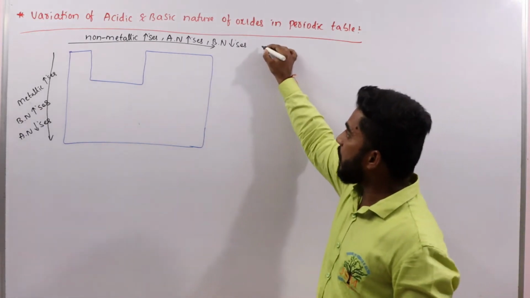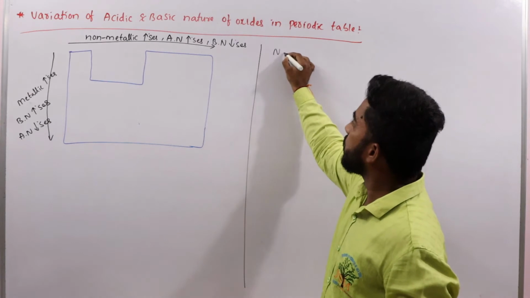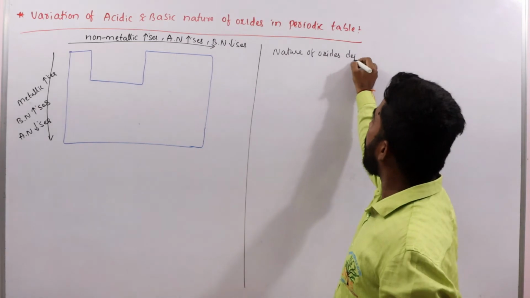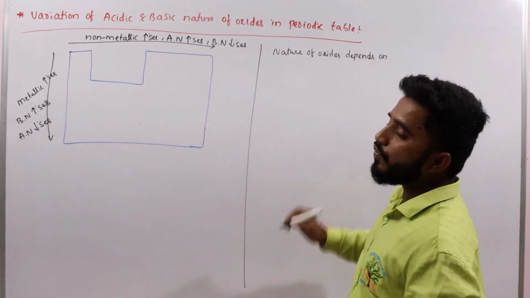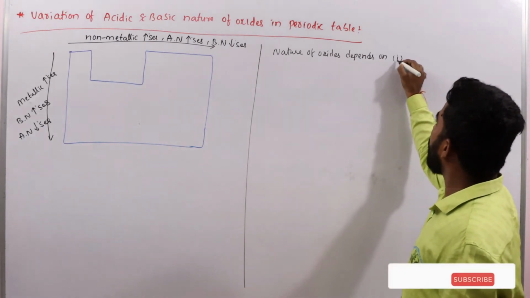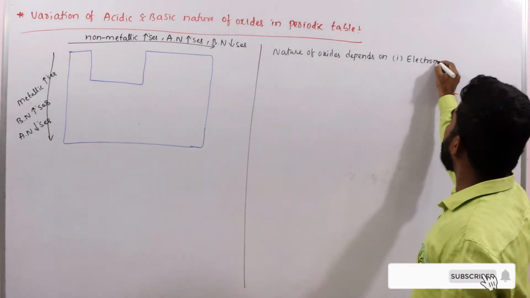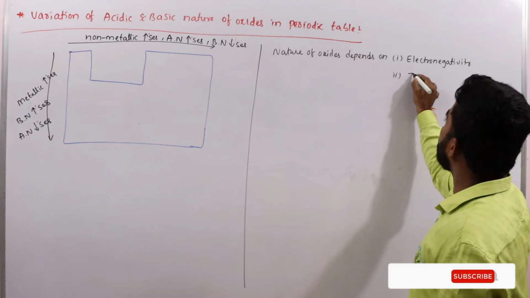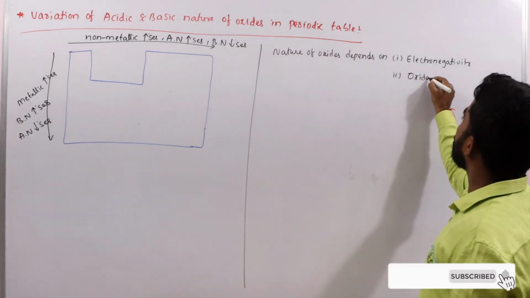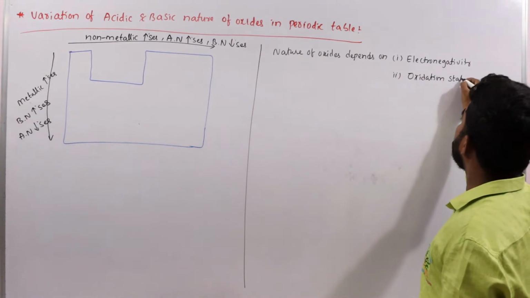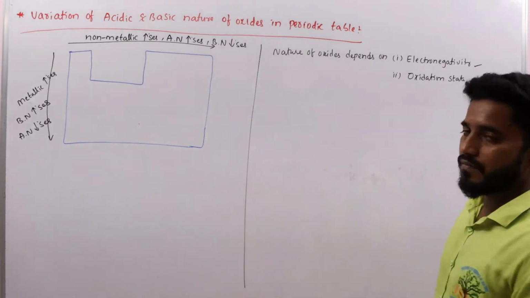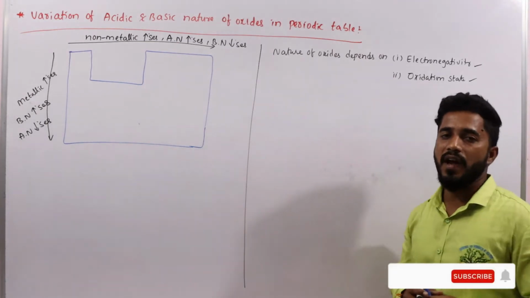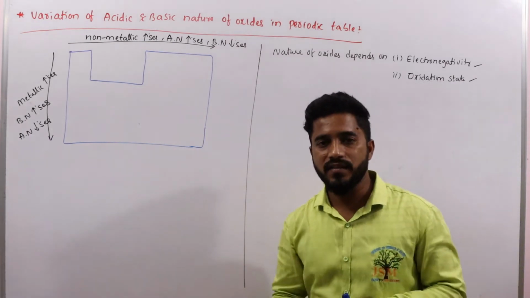The nature of oxide depends on two factors: one factor is electronegativity, and one more factor is oxidation state. Based on these two factors, we can write the increasing and decreasing order of acidic and basic natures.